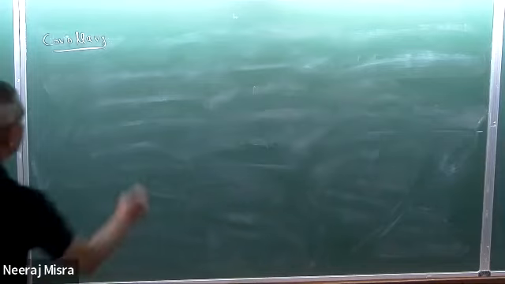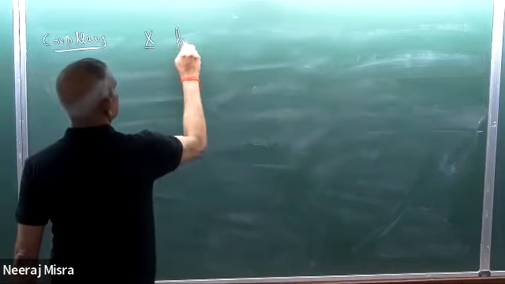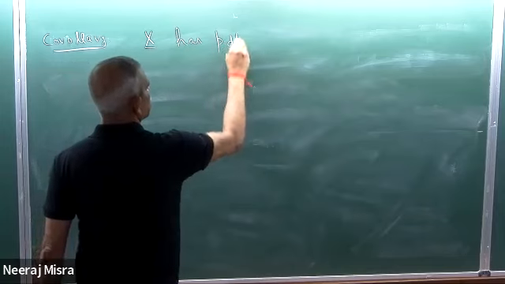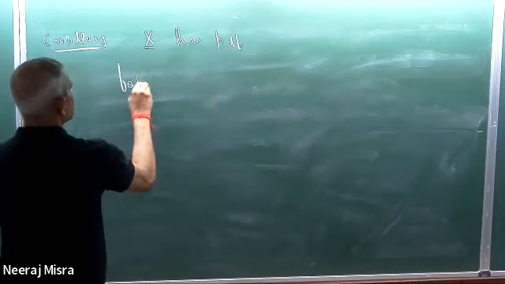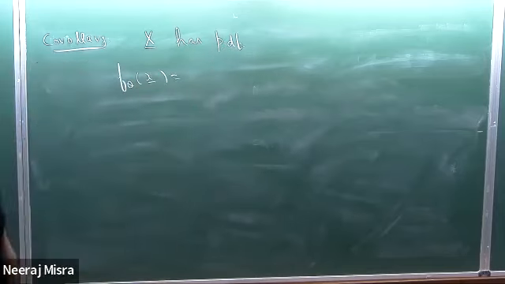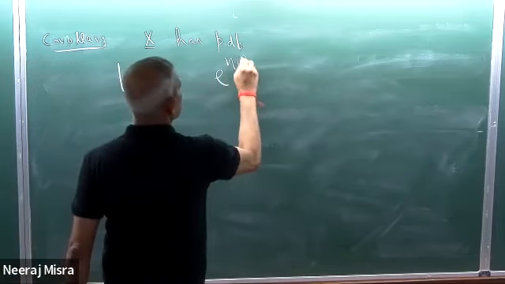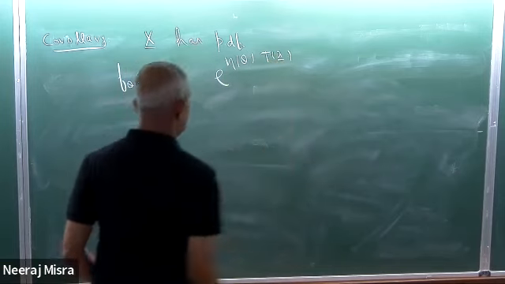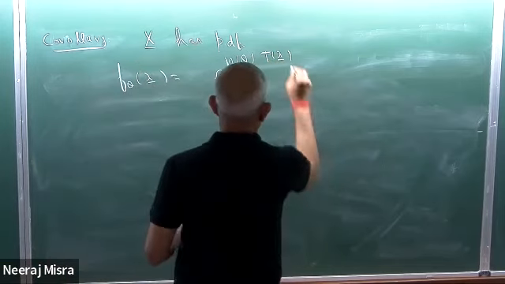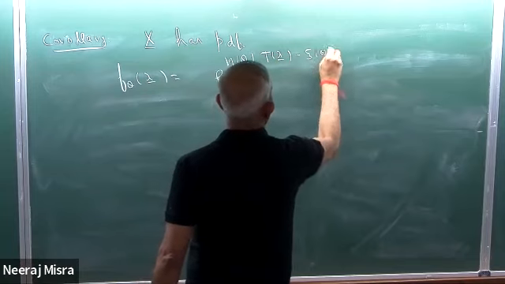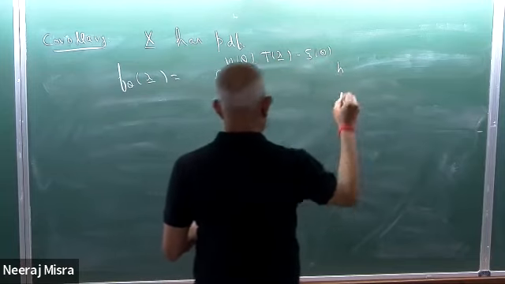So suppose that X has PDF f theta x, which is e to power eta theta T x minus xi theta into h x.